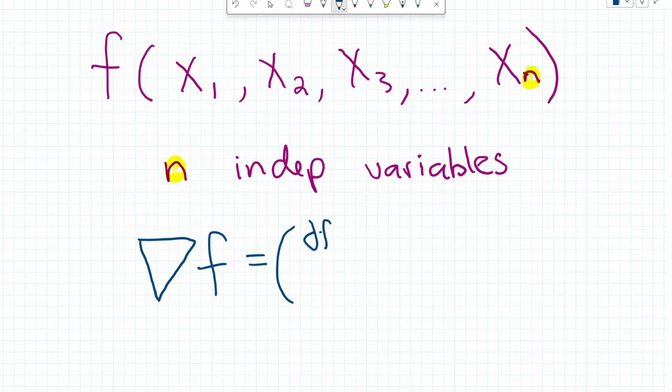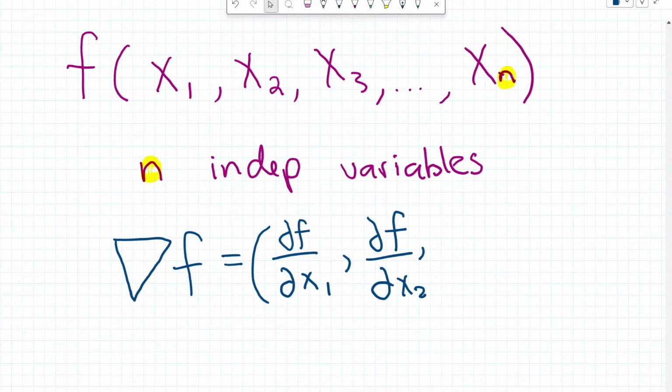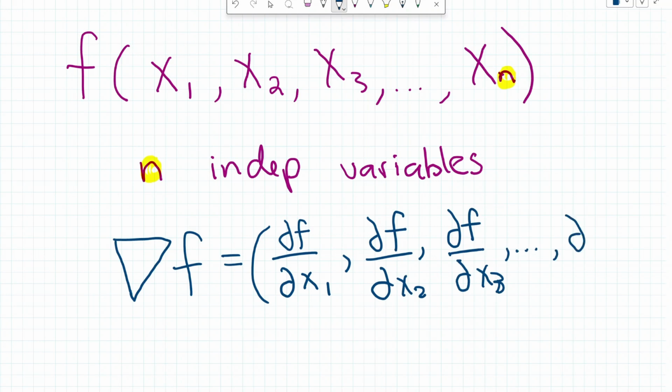We have the partial derivative of f with respect to x1, partial derivative of f with respect to x2. Then we'll keep going. We have the partial derivative of f with respect to x3, all the way to the partial derivative of f with respect to xn. You can also consult my previous videos where I showed you specifically how to solve for partial derivatives.